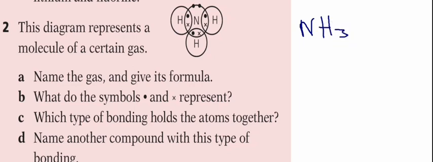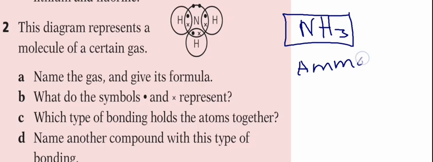Now the first question says, name the gas and give its formula. This gas is called ammonia. So you need to say ammonia, then write its formula, the same one that I've written here. That's the formula.